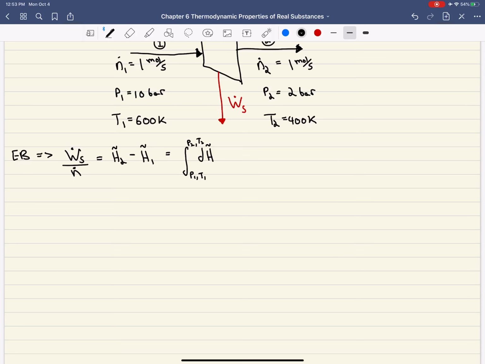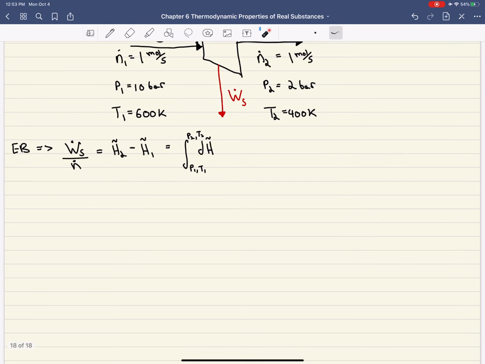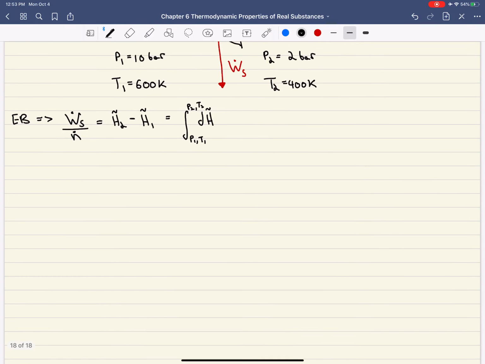Now, to get a more precise understanding of what this means, we could apply the tools of the calculus of thermodynamics to this integral, this dH from pressure 1, temperature 1 to pressure 2, temperature 2. We could show that this dH ends up being equal to this.